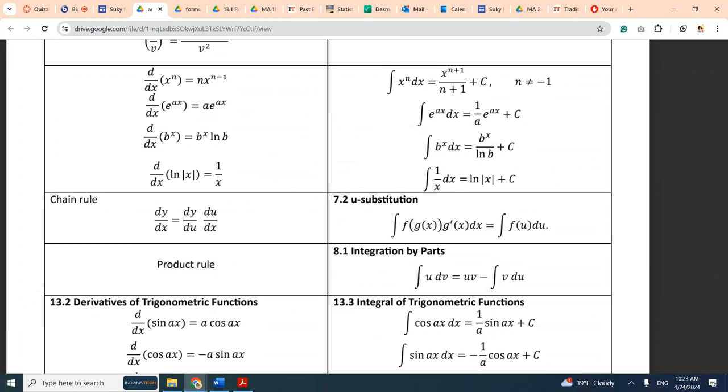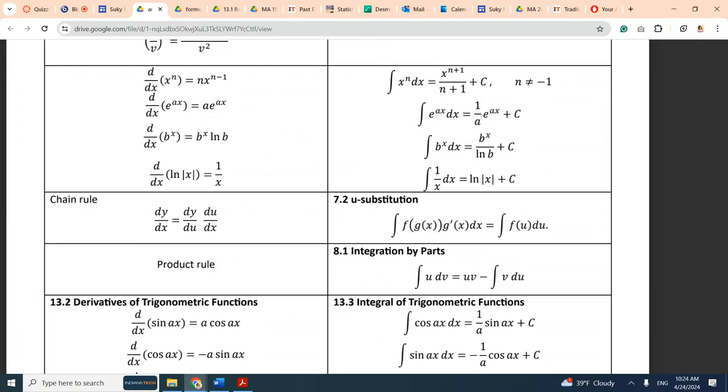And then we learn chain rule for derivative, and then we also learn the U substitution for antiderivative. U substitution when you see a composite function. And we have product rule, but we don't have product rule for integral, but we have something called integration by parts.